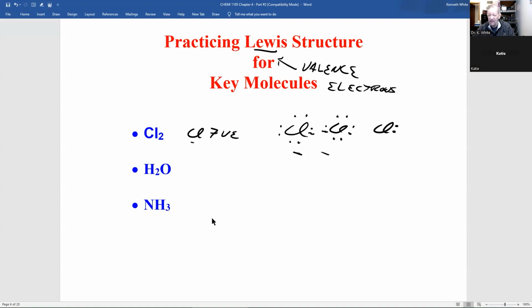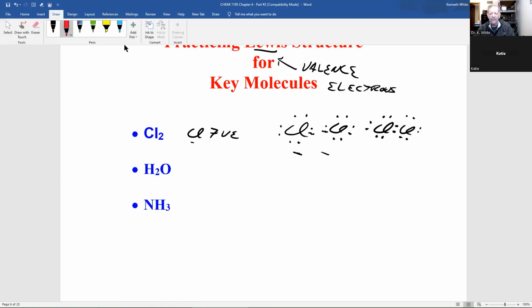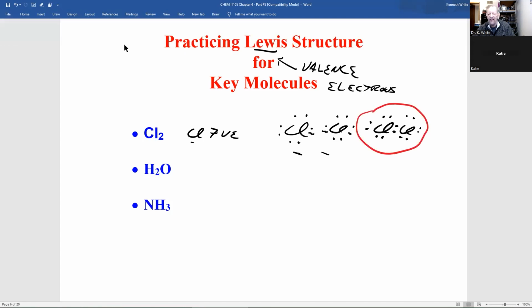So here are the shared pair of electrons now, but the non-bonding electrons are still there. And on a test, this would be your answer. Now this and this, you don't have to put down, but I'm showing you the mindset, how you get to the answer.